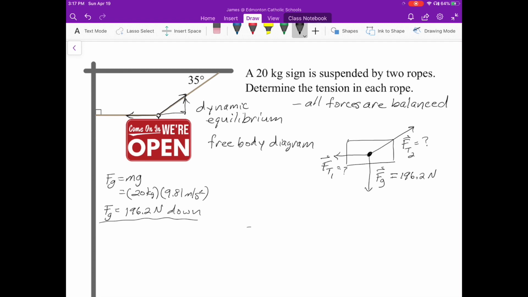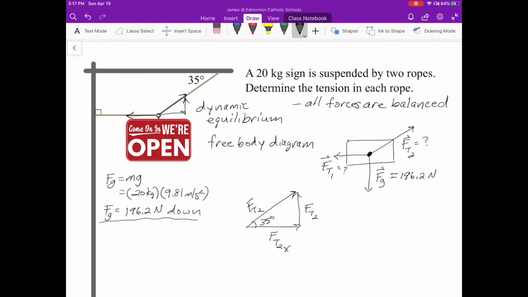So we're going to draw this. This angle would be 35 degrees. This would be FT2. So we've got an X component pulling it to the right and a Y component pulling it down.